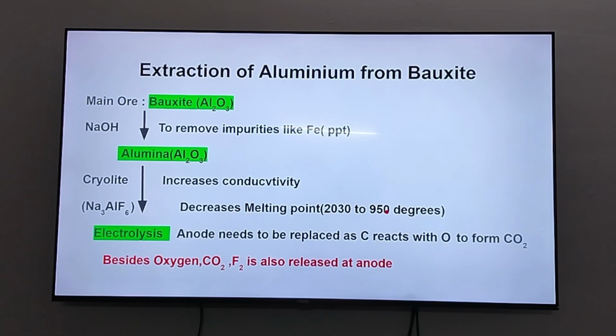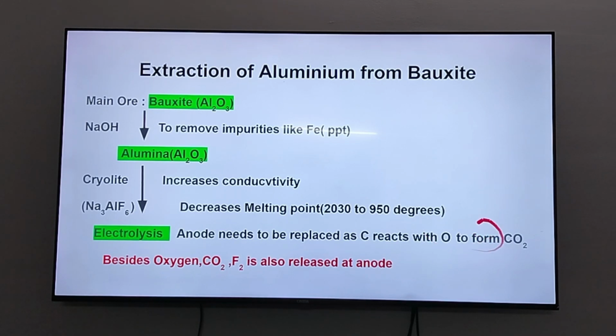Now we are all set with the molten alumina to electrolyze it. Here the cathode is a steel vessel and the anode is graphite rods. Graphite, which is carbon, reacts with the oxygen that is formed at it, and hence it gets depleted because carbon dioxide is escaping into the air.